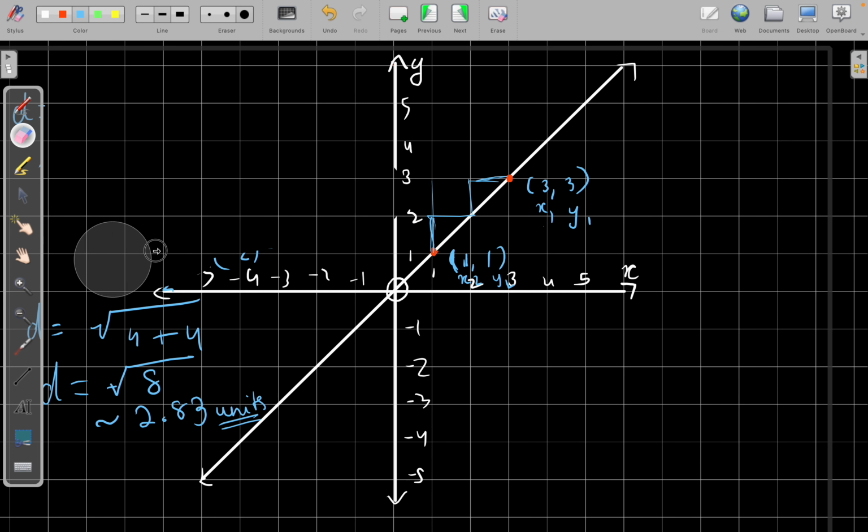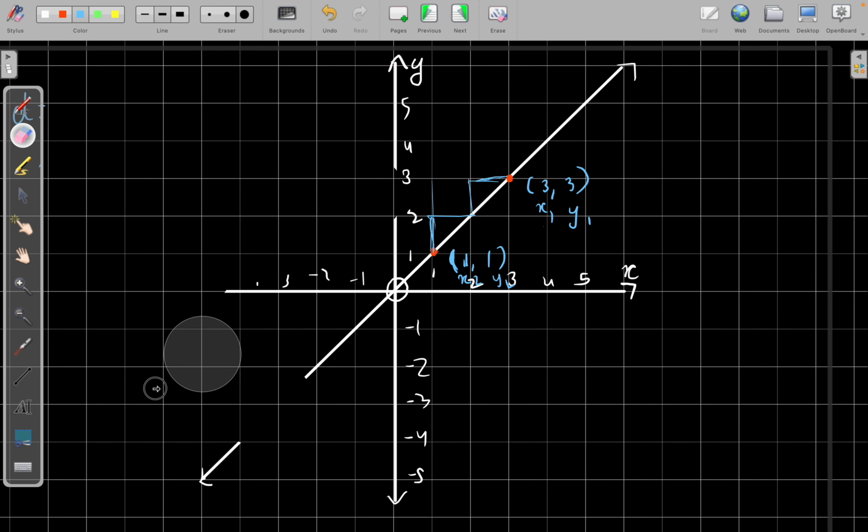So we just erase everything here. Okay, and we redraw stuff which we have erased.